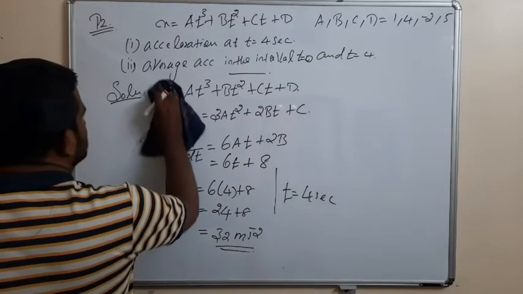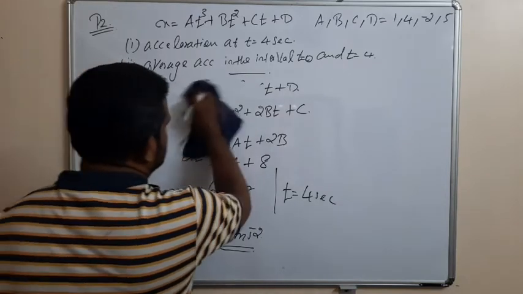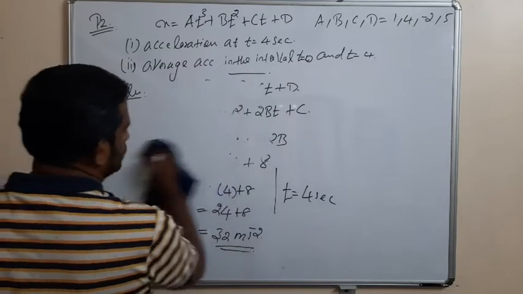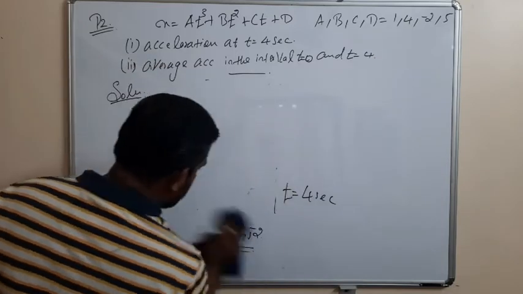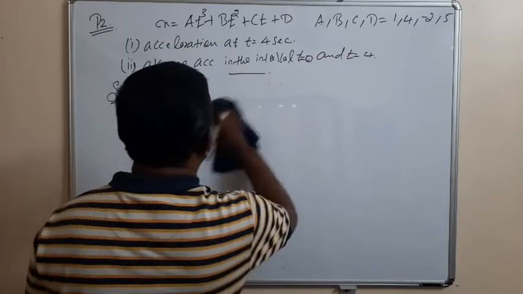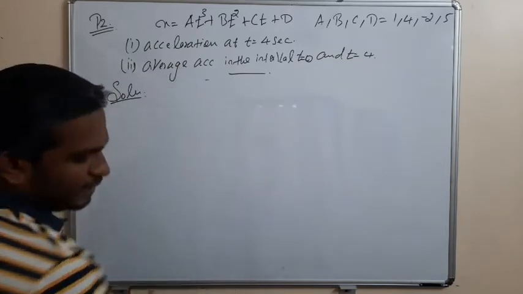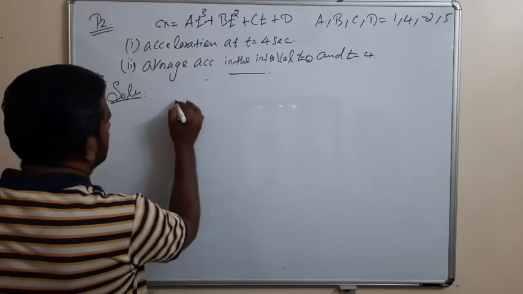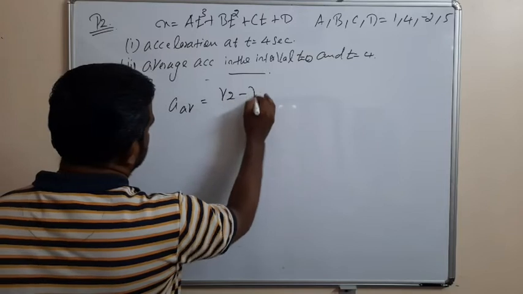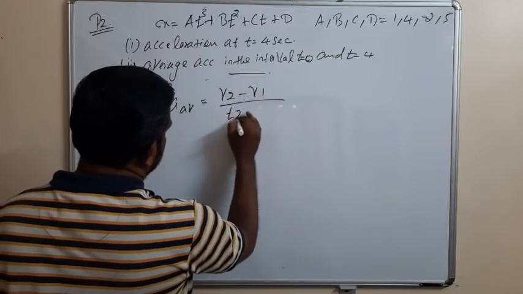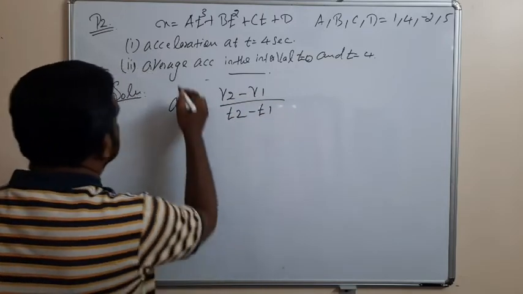Next we have to find the average acceleration. The average acceleration a_av is equal to, what is the formula? (v2 - v1) divided by (t2 - t1).